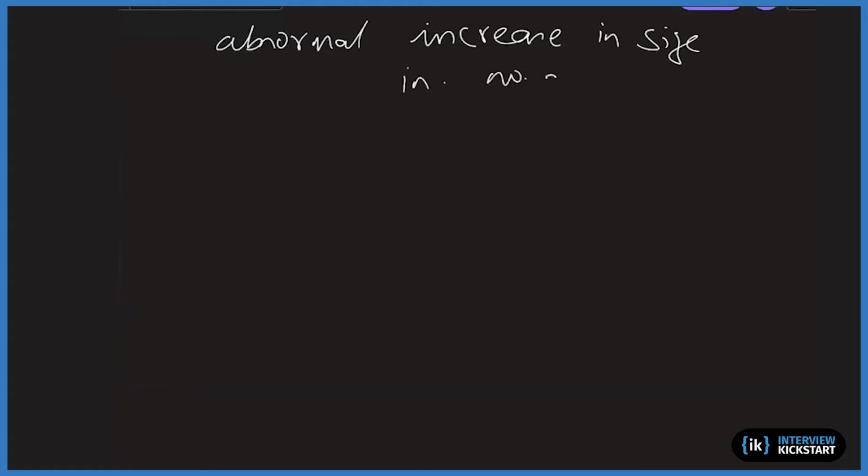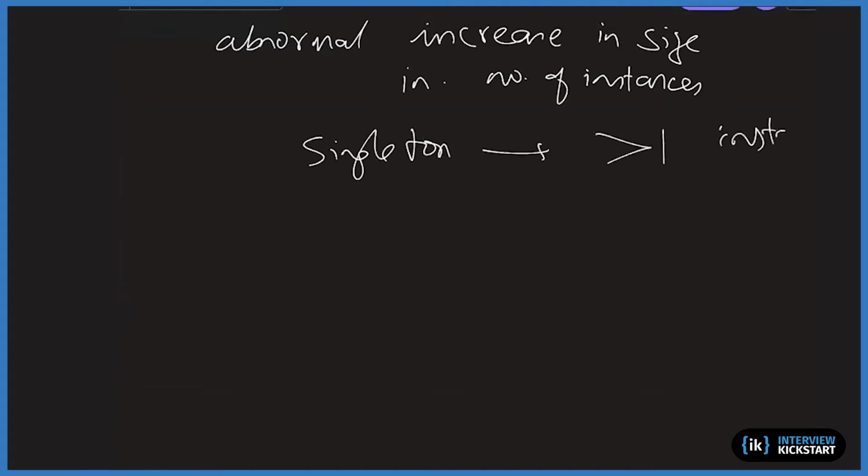What kind of things will you notice? Any abnormal increase in the size of an object or in the number of instances in a particular snapshot compared to the previous snapshot. For example, if you have a singleton object and then you see more than one instance, then there is something suspicious there.